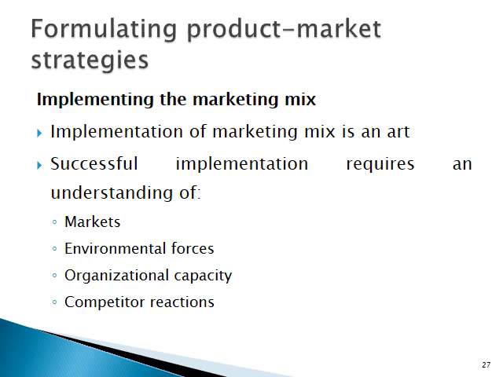When those pandemics are there, how can you distribute your product, how can you promote your product? Organization capacity you have to think of before you implement your marketing mix, and competitor reactions, what kind of action your competitors can bring out. All these things you need to keep in your mind when you are going to implement your marketing mix.